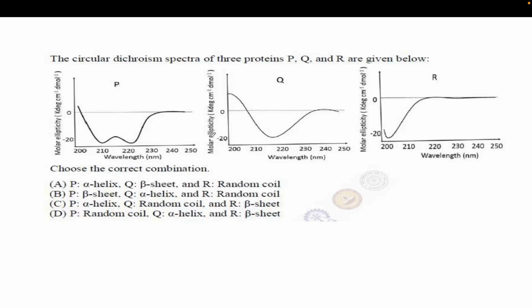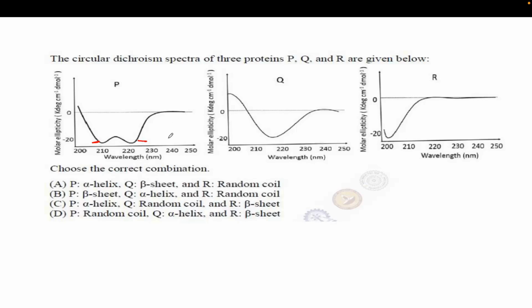Here in this graph, first of all it is talking about proteins. So don't recall the spectra of nucleic acid, that is the A form, B form and Z form of DNA. Here you have to just focus on the protein spectra.